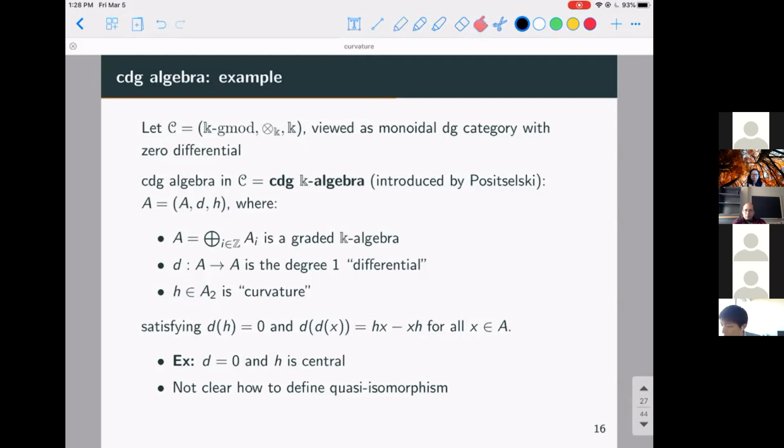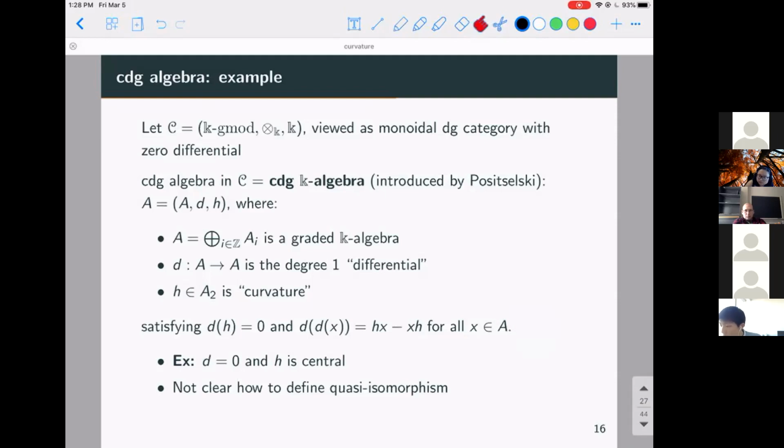So this is an algebra A, graded algebra A, together with differential D and curvature H. H is a degree 2 element satisfying these two axioms.